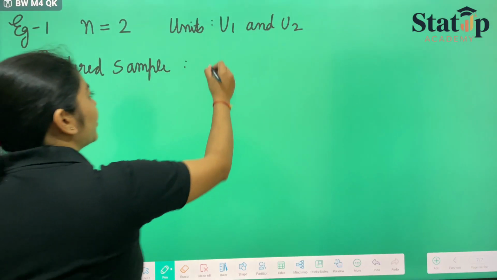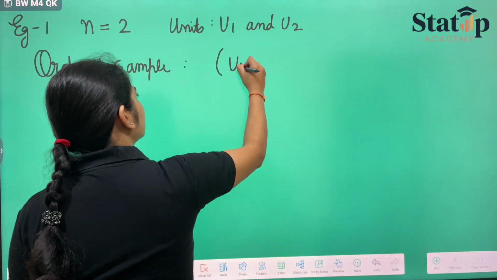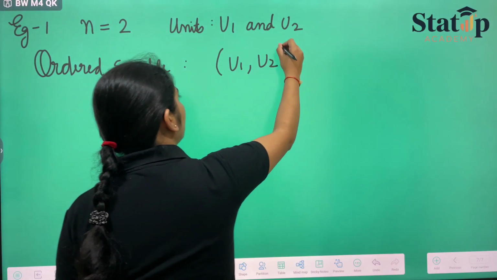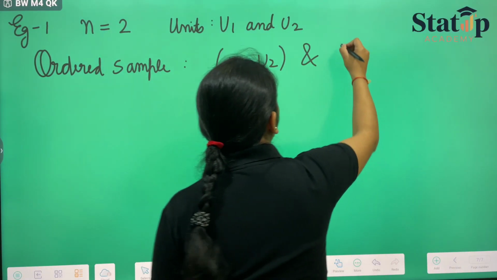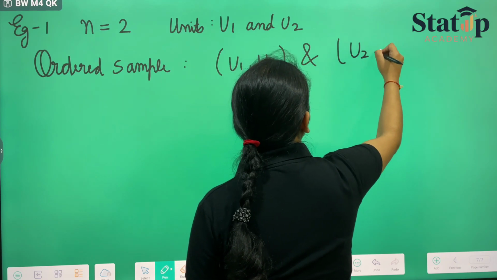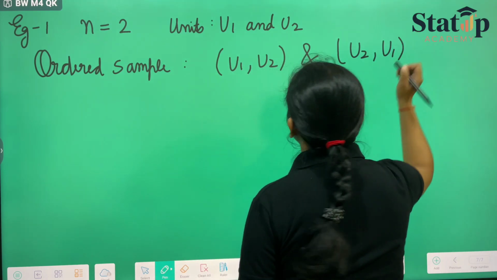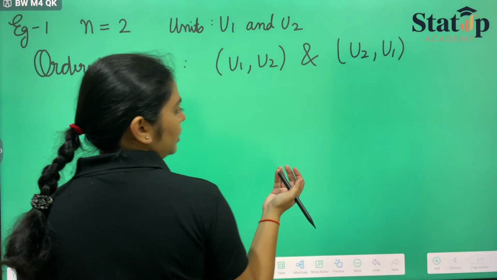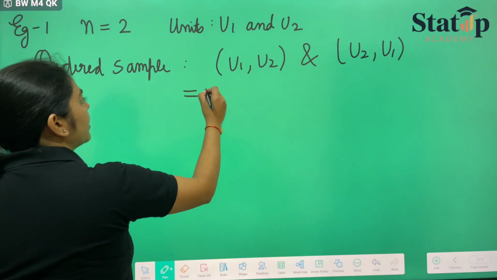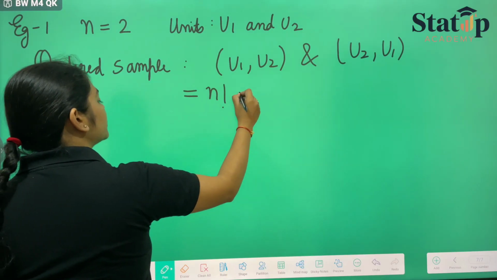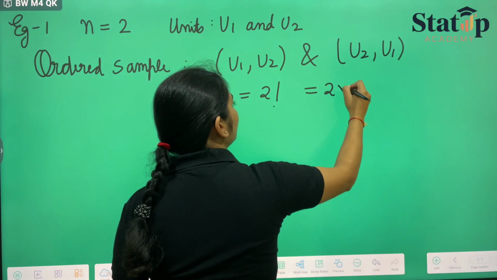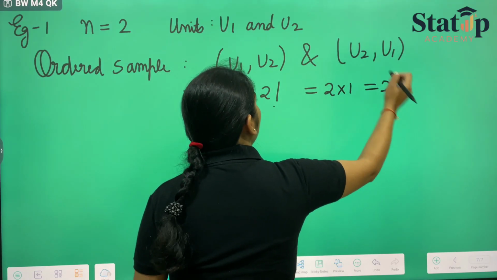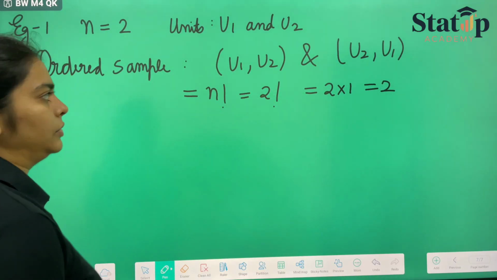So the ordered sample would be first U1 is selected, then U2 is selected. And the second ordered sample would be first U2 is selected, then U1 is selected. So with our formula, it should be n factorial, which is 2 factorial. 2 factorial is 2 into 1, which equals 2. And hence we have got 2 samples.